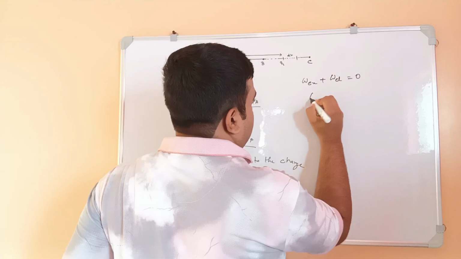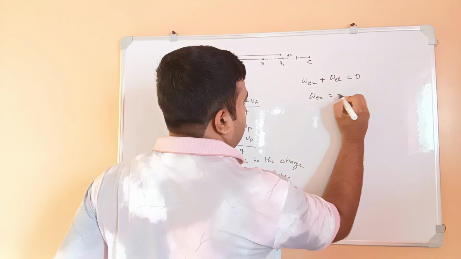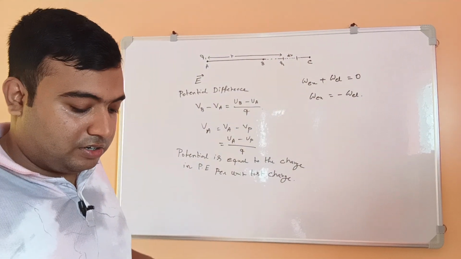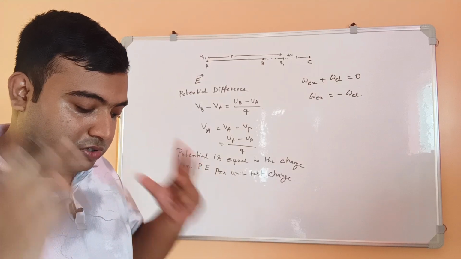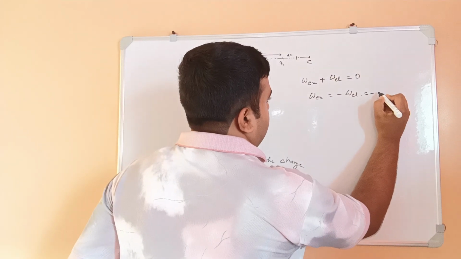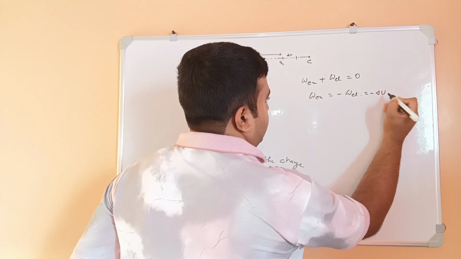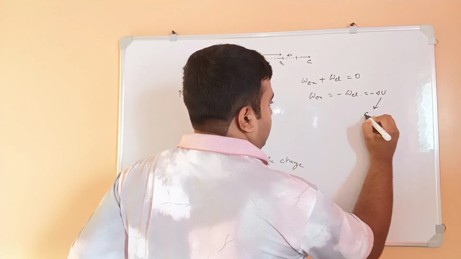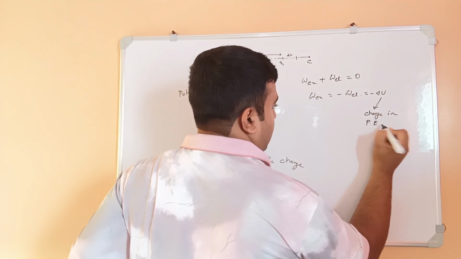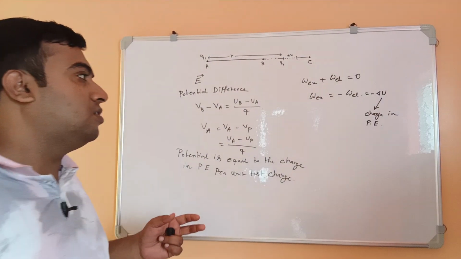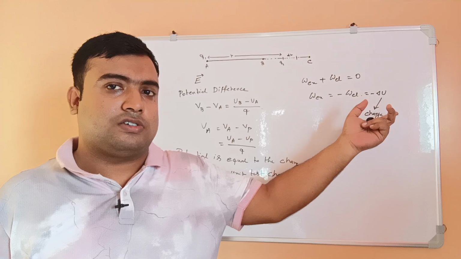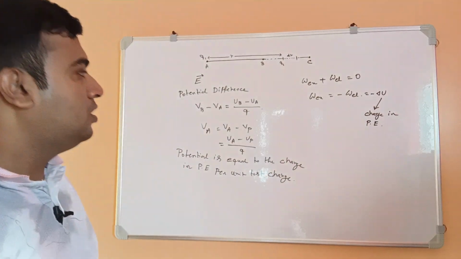So the work done by the external agent is the negative of the work done by the electric field, which is minus delta U, the change in potential energy. So this is the reason why the work done is the negative of the change in potential energy.